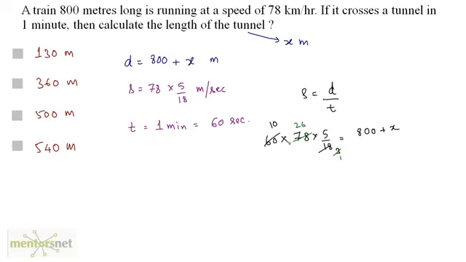So we have 10 times 26 times 5, which is equal to 1300, equal to 800 plus x. Therefore x is equal to 1300 minus 800, and that is 500 meters. So the length of the tunnel is 500 meters. Option C.